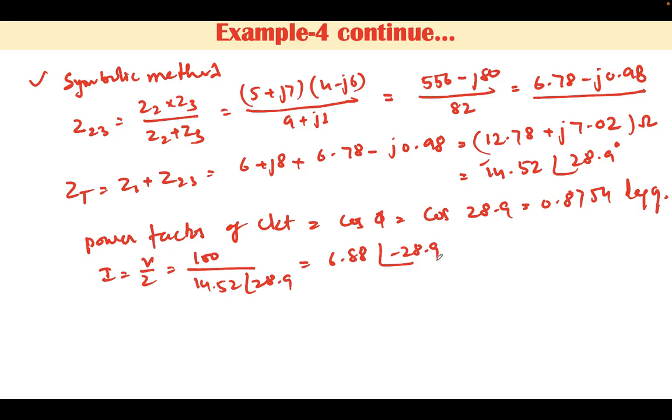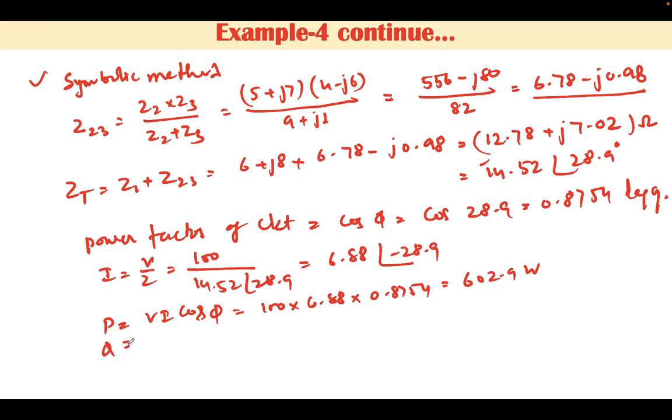Now knowing the value of current and power factor, we can calculate P. P is equal to VI cos phi, which is equal to V is 100, I is 6.88, and cos theta is 0.8754, that is equal to 602.9 watt.